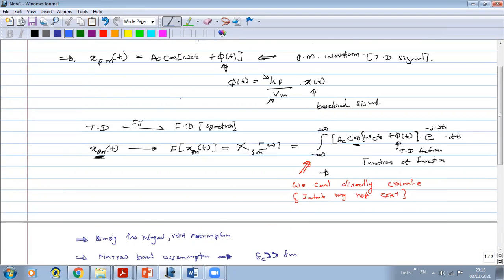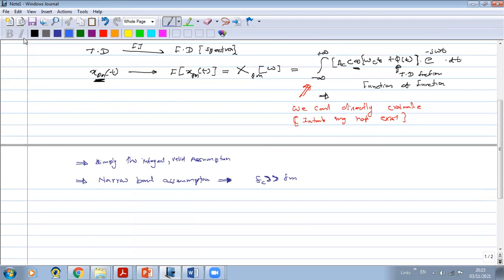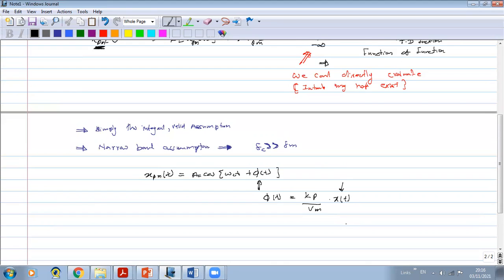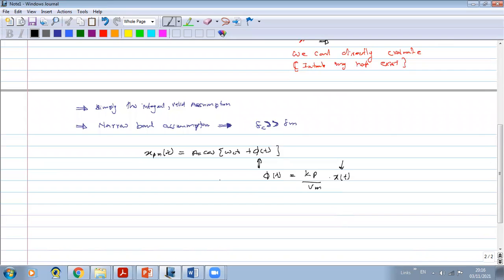However, if we look at our time domain signal cos(ωc t + φ(t)), you know that this term we can write as Kp by Vm times x(t). So this is our information signal.